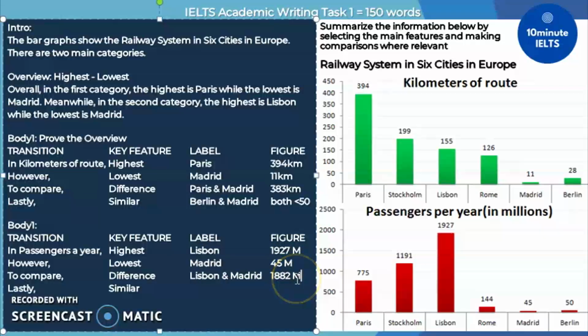You can always choose easier categories or cities to subtract from each other, if not divide or multiply. But for this example, we'll just subtract, and now we can get the similarity again, which is between Berlin and Madrid once more, since both of them are below 50, or exactly 50 for Berlin.